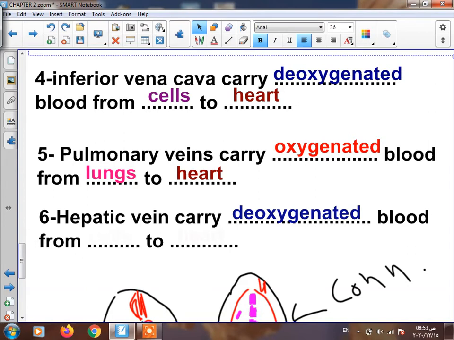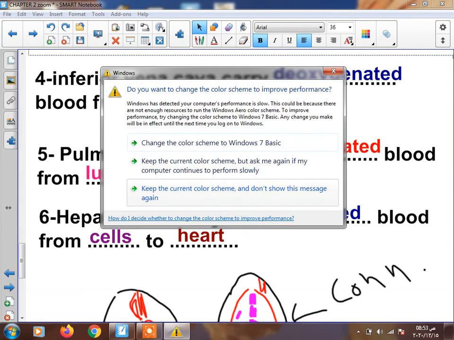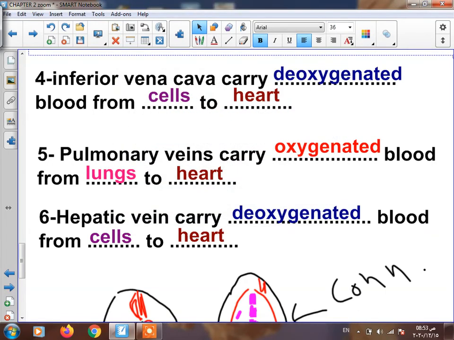Of course from cells to the heart. Which chamber of the heart? Deoxygenated, so right side, and vein, so atria. It comes to the right atria. What about the hepatic vein? This vein gets out from the liver. Okay.